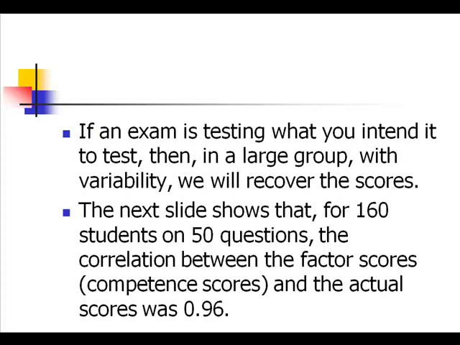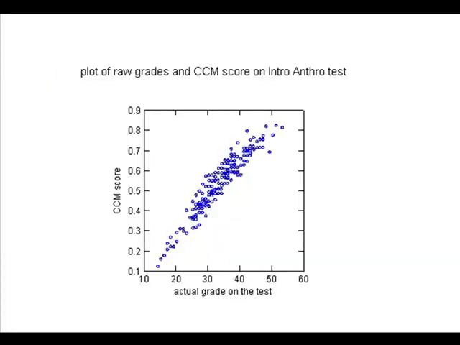Are you prepared for this? Be prepared. You don't see that much in social science. So I ran 160 students, the dots. And this is their cultural consensus model score, their loading on the first factor. And here's their actual grade on the test when I compared them against my answer key. That's the relation.